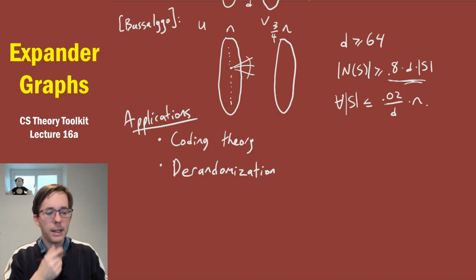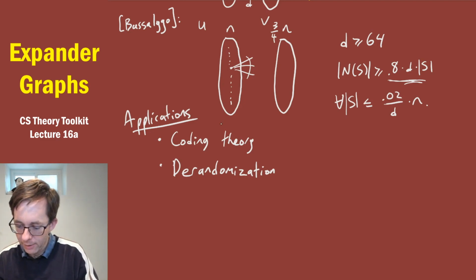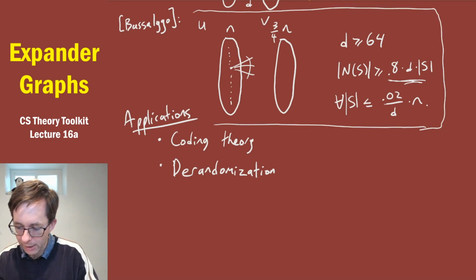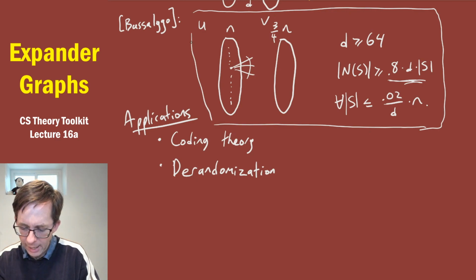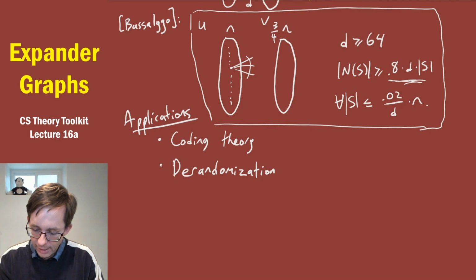And one might ask, okay, do we know how to explicitly get these kinds of bipartite expanders that I tell you are so useful for applications? Roughly, the story is as follows.